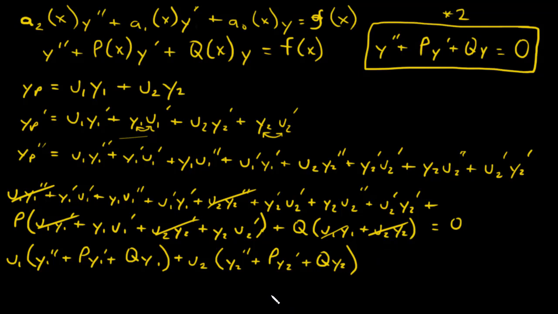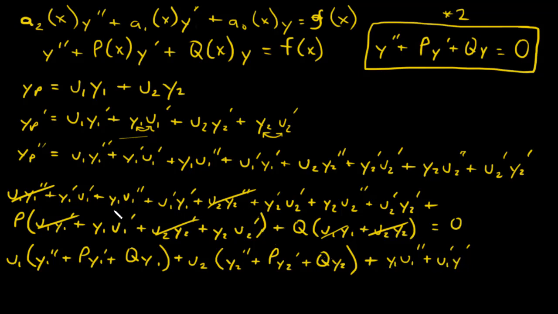Now, I'm going to arrange the remainder of the stuff in a very, very strange way. So I'm going to have plus, here we go, y1, oh, sorry, not prime, just this term here, y1 u1 double prime plus u1 prime y1 prime.